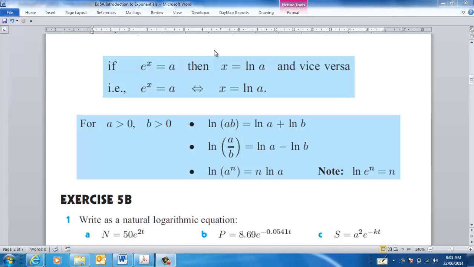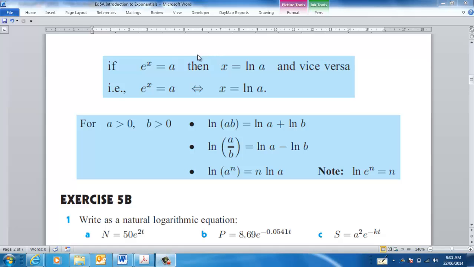Now, most things in life actually have this special number e, and we talked about in the first video what e was. Now, ln is in fact the log base e, rather than writing it as log base 10. So ln and e are really inverses of each other.